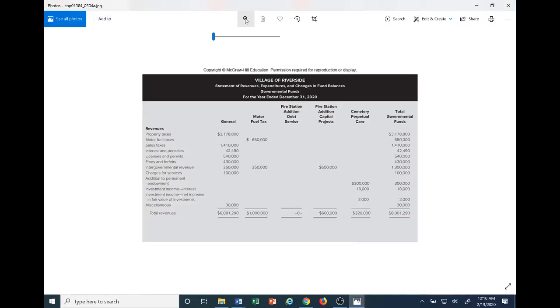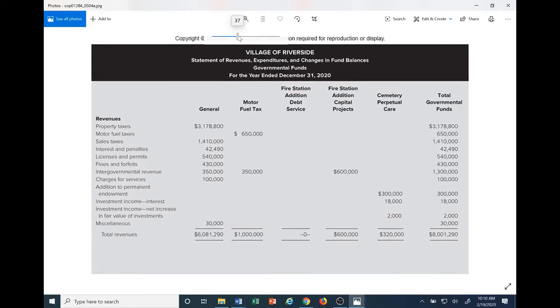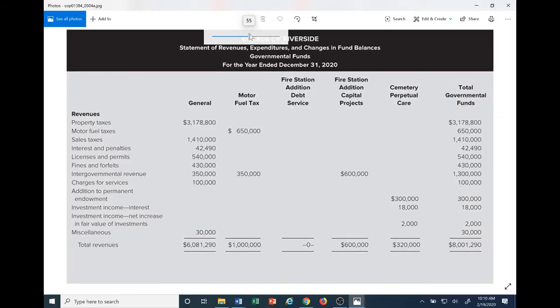Okay, next, let's look at the statement of revenues, expenditures, and changes in fund balances. Okay, so once again, let's just start at the top here. Village of Riverside, statement of revenues, expenditures, and changes in fund balances, governmental funds for the year ended December 31st, 2020.